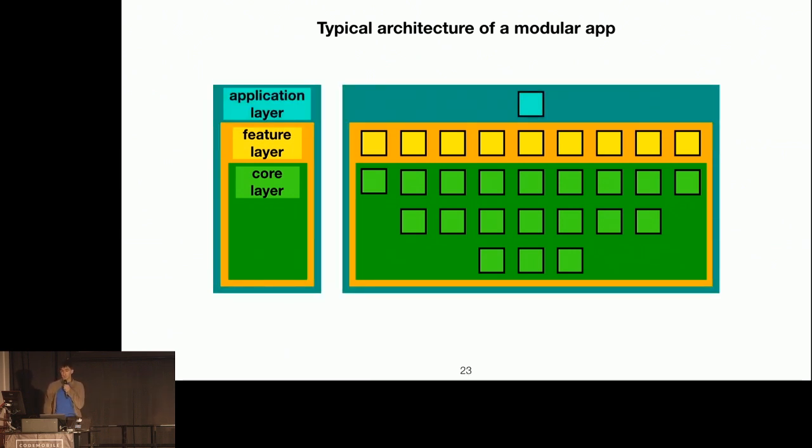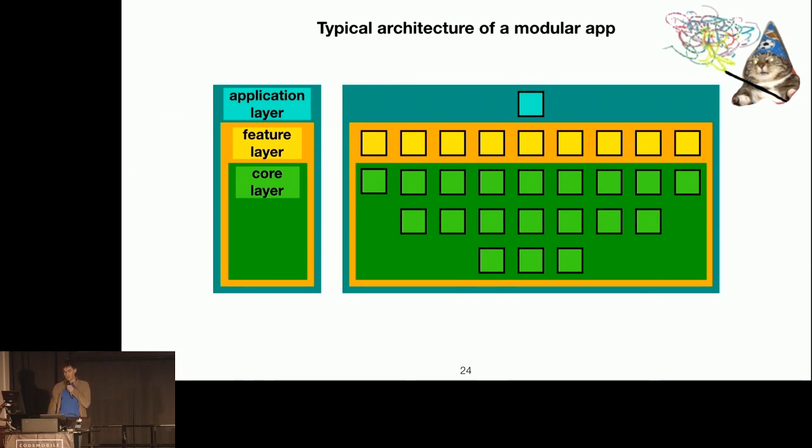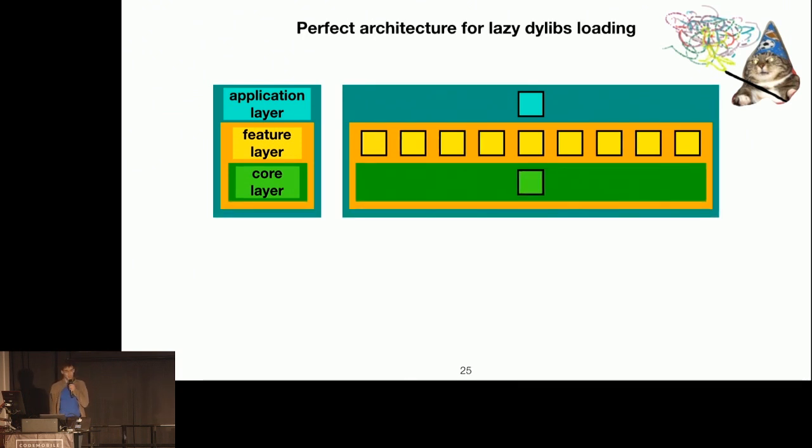So even with this architecture, we can lazily link features because they are independent from each other. However, we cannot use this approach to lazily link core layer because the dependency picture looks quite complex there. And here we need just this magic tool to merge core layer into a single module. And that's how we reduce dynamic libraries count.